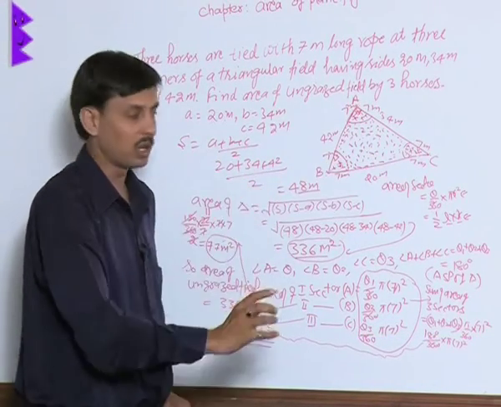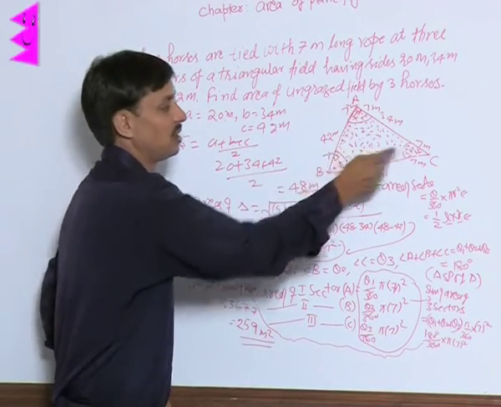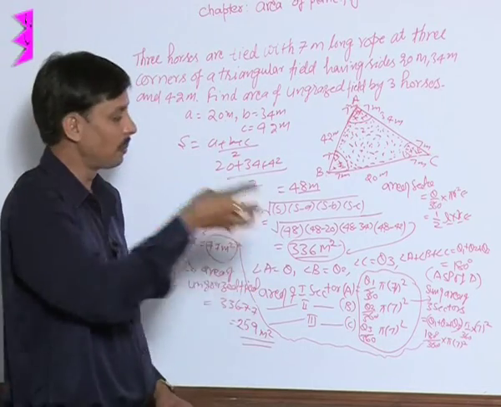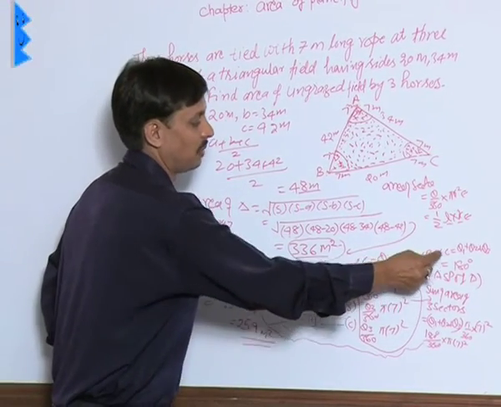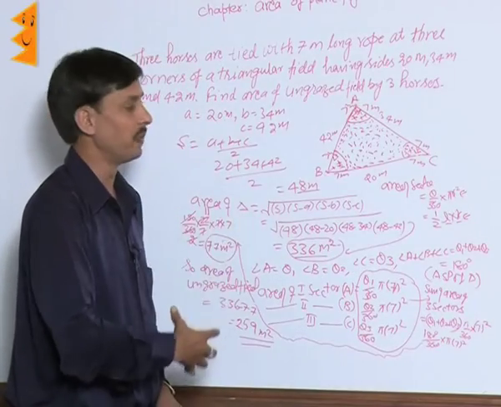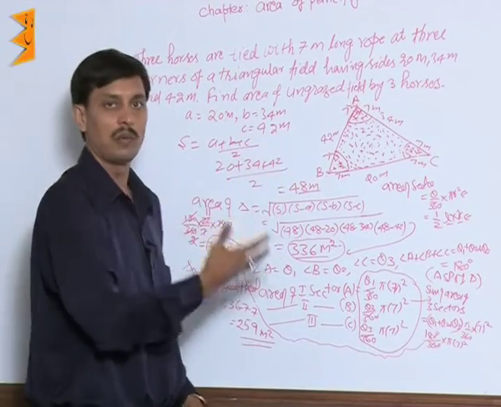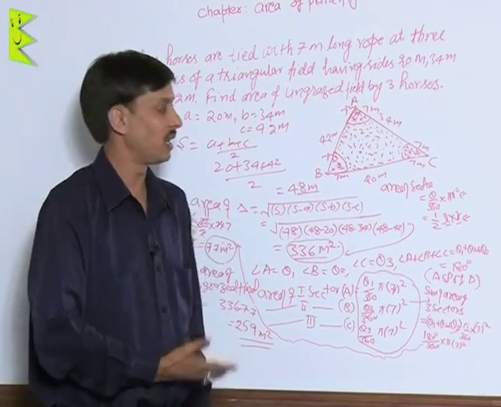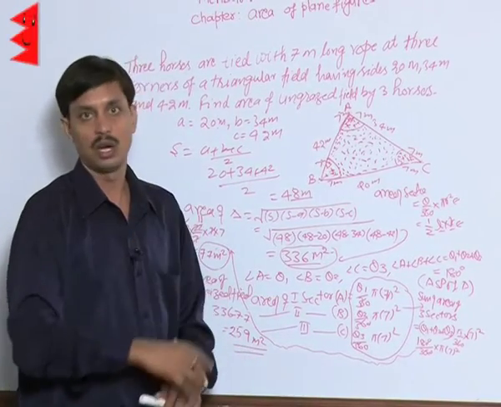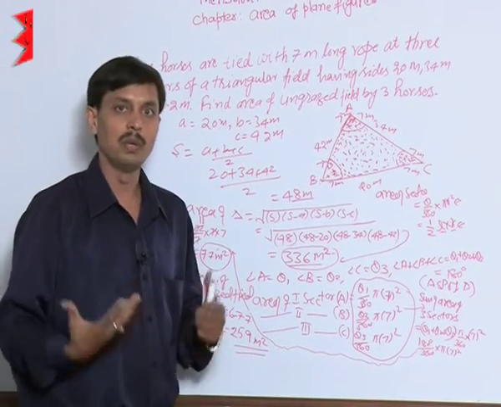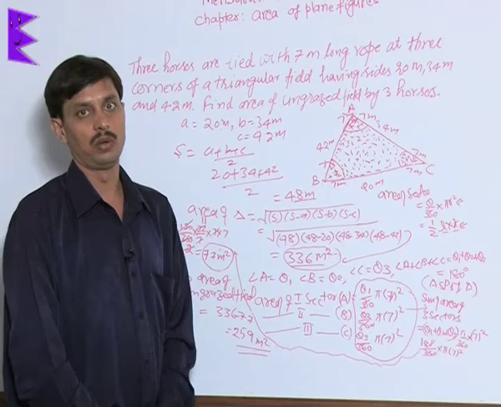Though we cannot calculate the areas of these three sectors separately, their sum can be obtained with the help of angle A plus angle B plus angle C being 180 degrees. Similarly, this question can be extended to quadrilaterals, pentagons or other kinds of polygons, which may be regular or irregular.